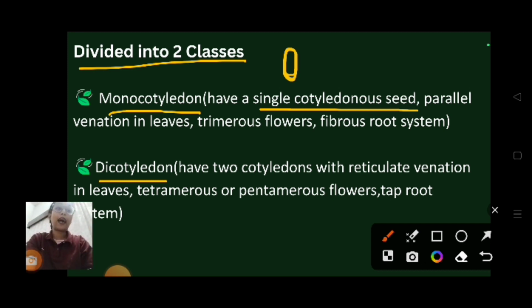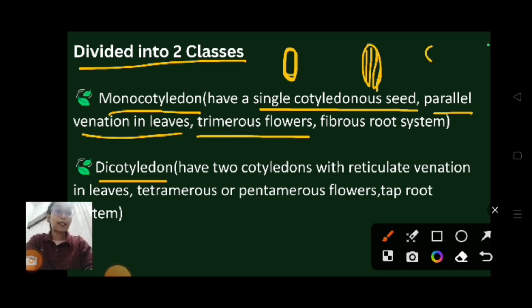They have parallel venation in the leaves. Do you know the types of venation in the leaves? Parallel venation means they have parallel patterns. And trimerous flowers, trimerous means 3 petals.